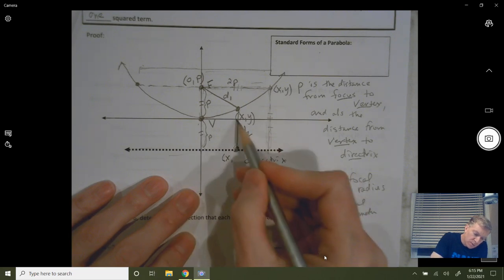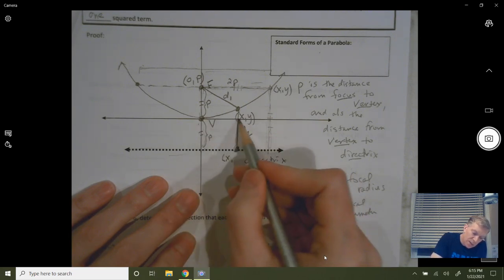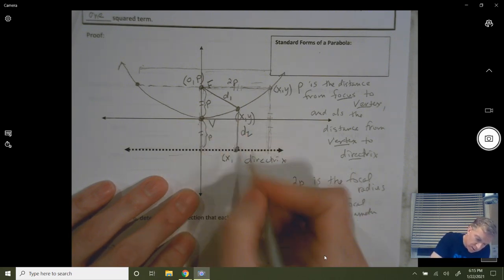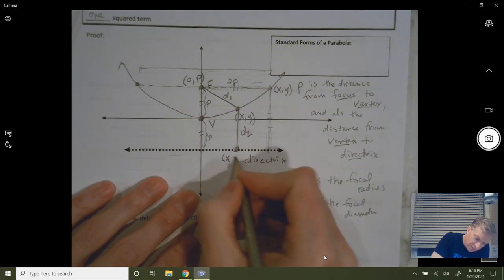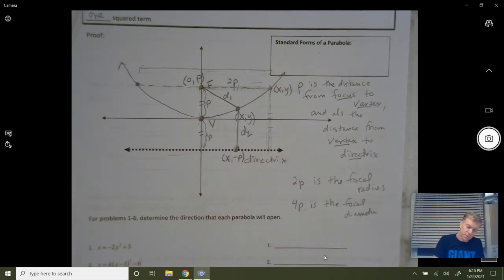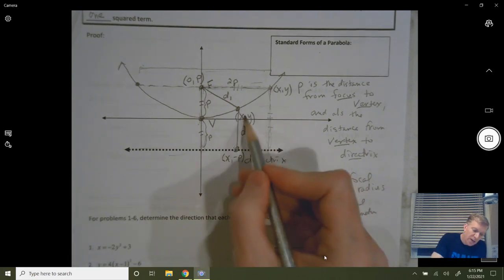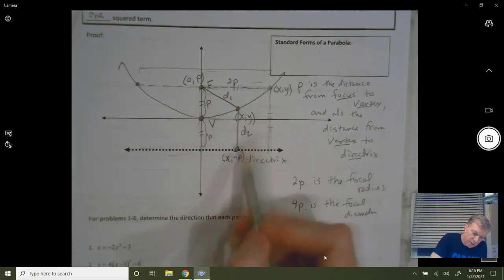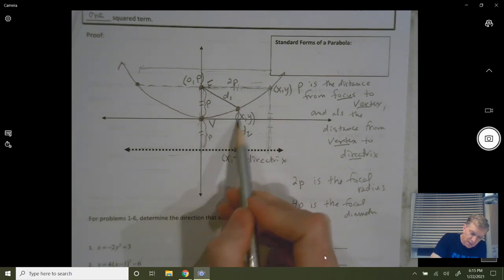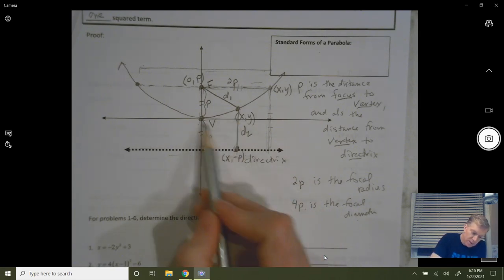Then I go down this distance, which is p. So x comma negative p. Okay? So this point is x comma y, this point is 0 comma p, and this point right here is over x, same as this x, and then down p.